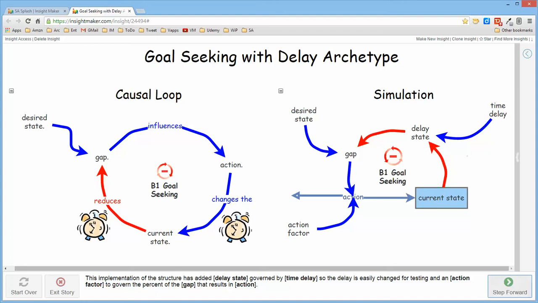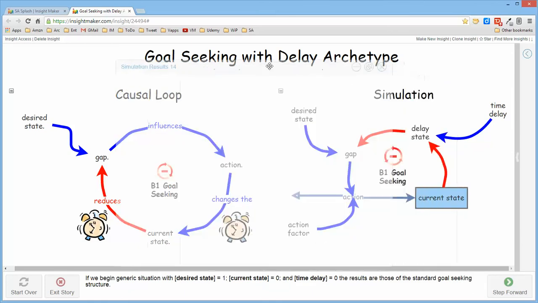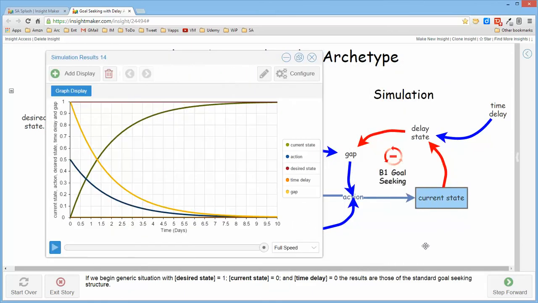Now, as is typically the case, I go ahead and implement this in a very generic form, so that the actual goal, the desired state, is 1. The current state starts out as 0. And as the action progresses, the current state migrates toward the goal.